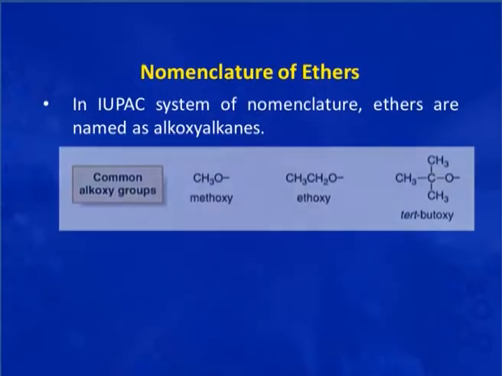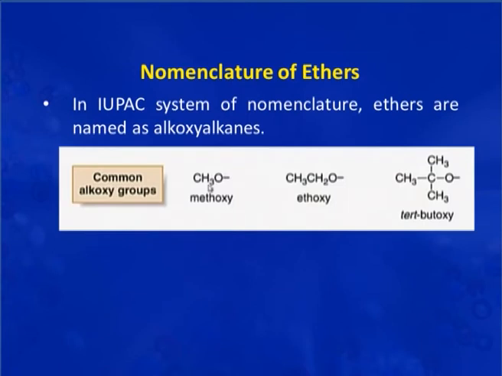Out of the two alkyl groups, the complicated one, or the alkyl group having more carbon atoms, is taken as the main chain or alkane, whereas for the substituent we take the alkyl group which has fewer carbon atoms. And then, say for example, if we have a methyl substituent, we convert it into the alkoxy group.